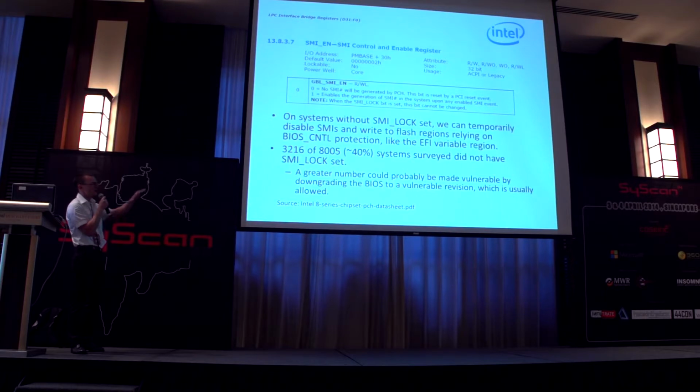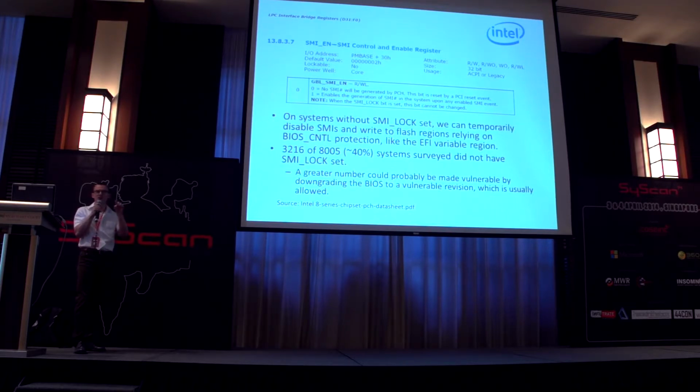And this number is actually artificially low. It could be made much higher by downgrading the BIOS. A major problem in BIOS security is the rollback problem. OEMs are generally unwilling to prevent an operating system from rolling back the BIOS version. So let's say BIOS revision A3 is not vulnerable to some vulnerability, but A2 is.